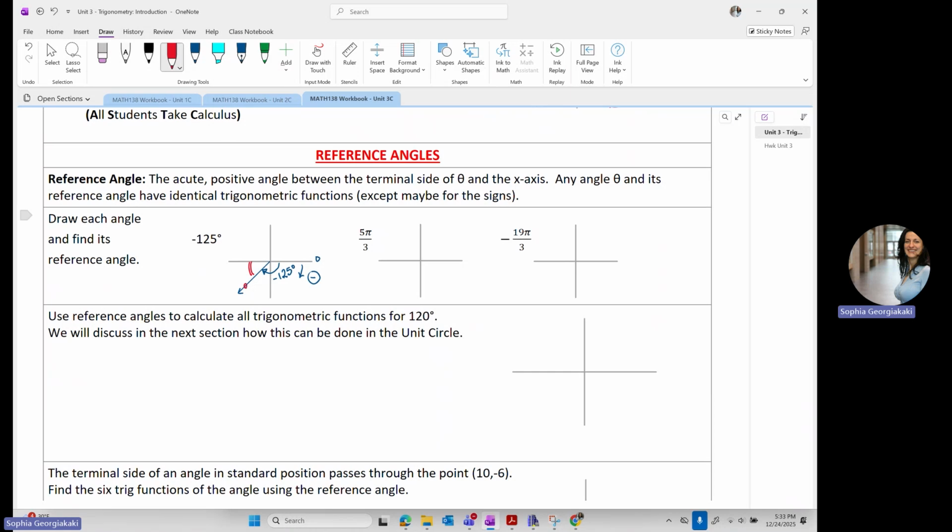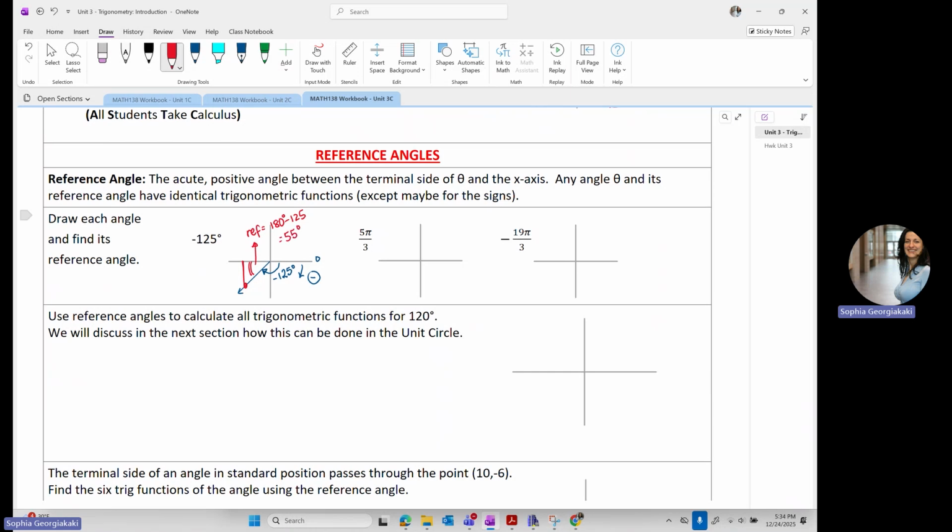If I pick a point on the terminal side and draw the right triangle that is attached to the x-axis, then that acute angle would be the reference angle. How much is that? Theta, that's the reference angle. It will be 180 minus 125, and 180 minus 125 is 55 degrees.